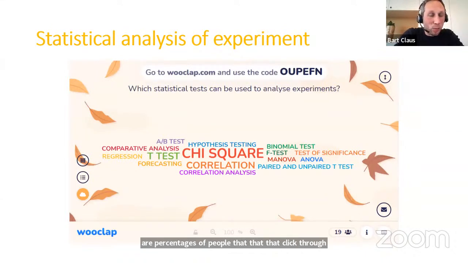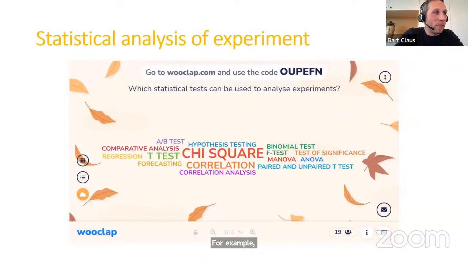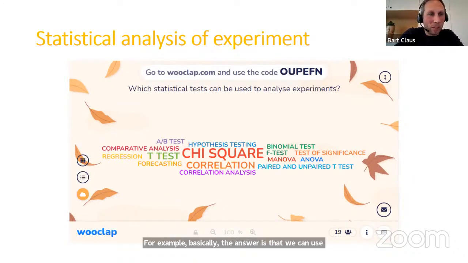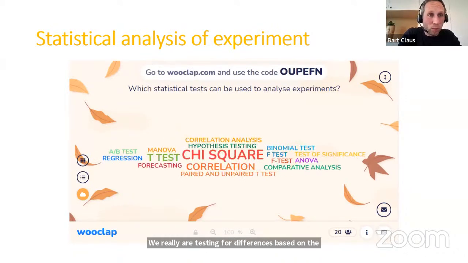Basically, the answer is that we can use many tests, right? Correlation is not the best candidate, right? Because that shows you covariation between two variables. We really are testing for differences based on the manipulation, right? Because what we assume in an experiment is that our manipulation creates a difference in the dependent variable, right?